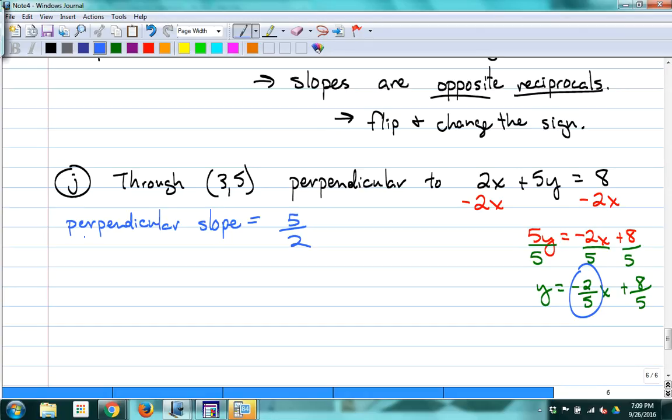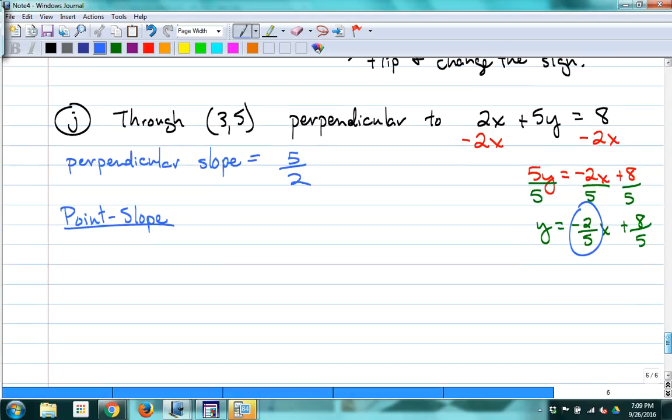Okay. So let's take that information and write the equation of the line in all those forms. So point slope. Should be getting a little bit better at this. So what's our point slope form? y minus 5 equals 5 over 2 parentheses x minus 3.